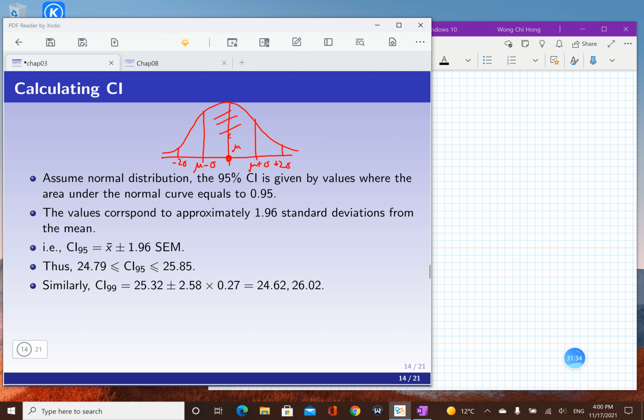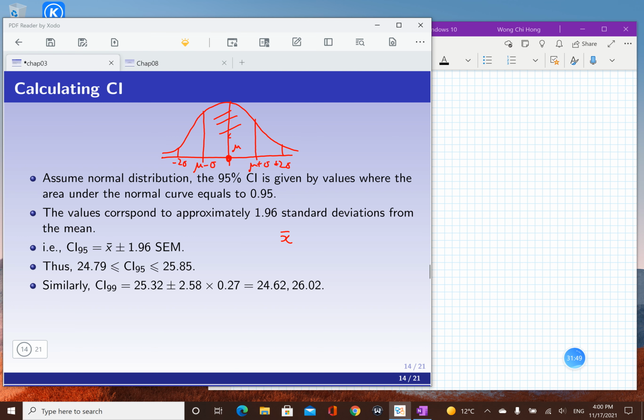To have our sample, this time we're having our sample mean here in the middle. Because we're assuming a normal distribution, if we have a sample size large enough, our x bar would look like a normal distribution.